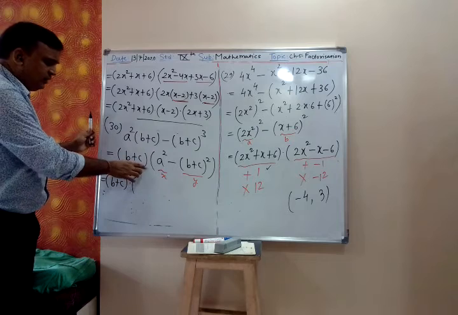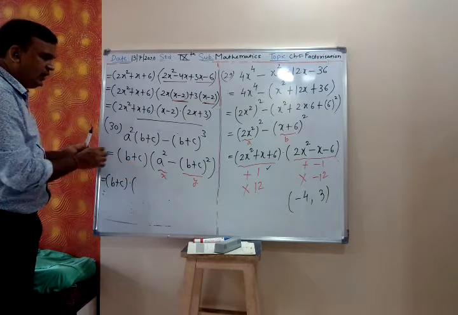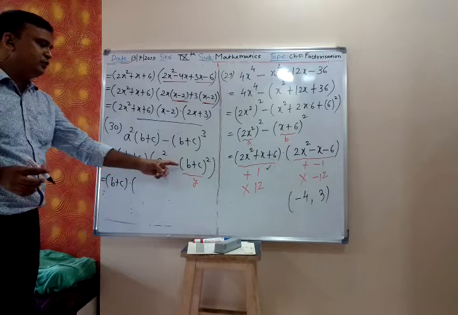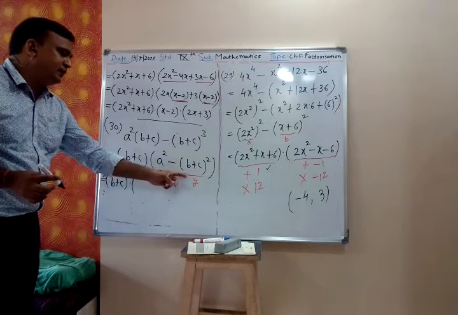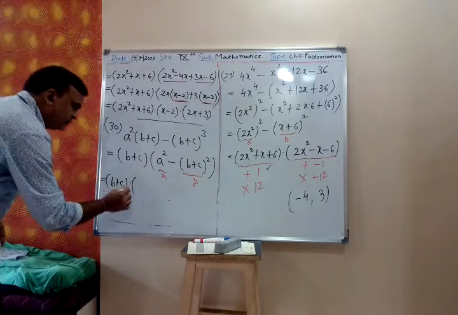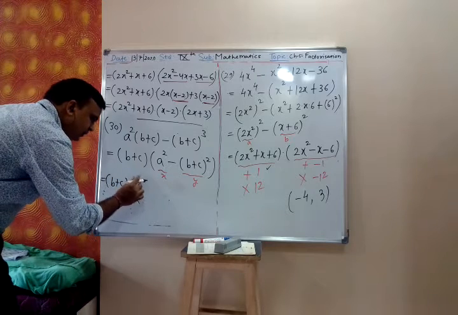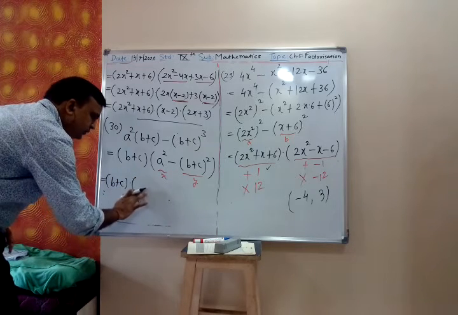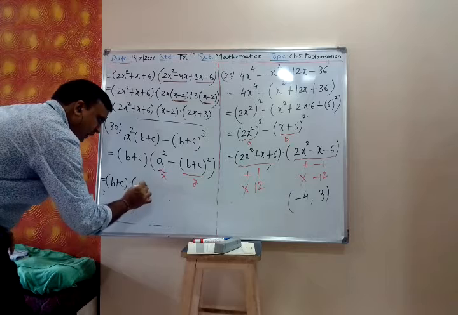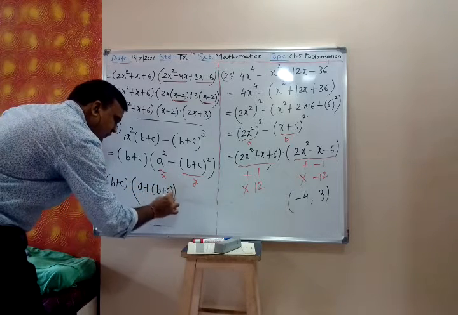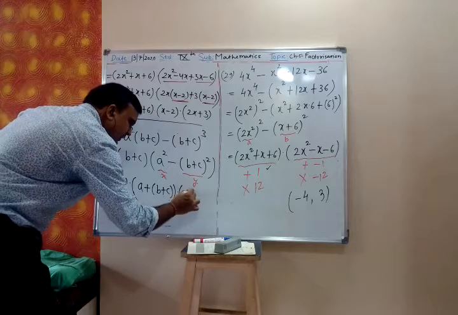Are you getting it? Now x square minus y square is x plus y into x minus y. So this I can write as a plus b plus c into a minus b plus c.